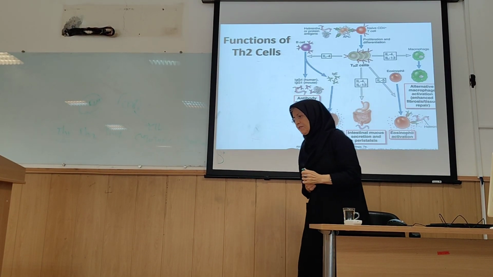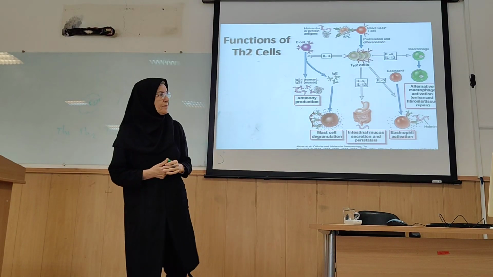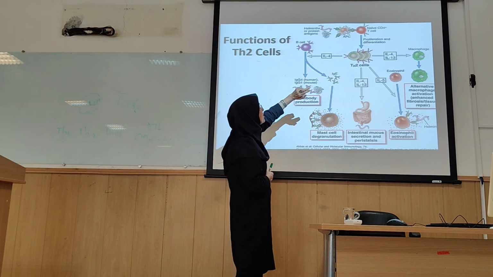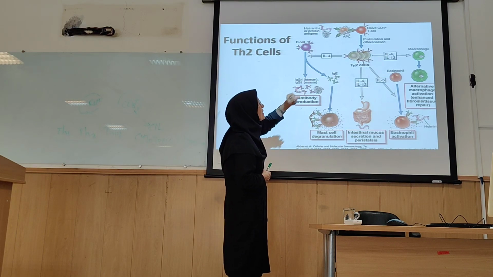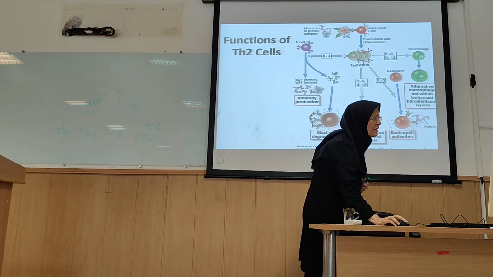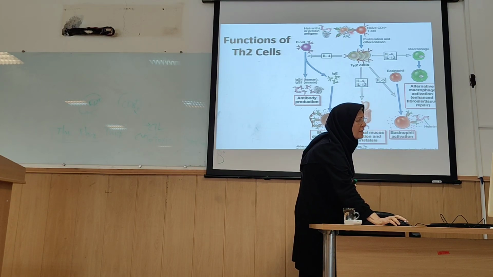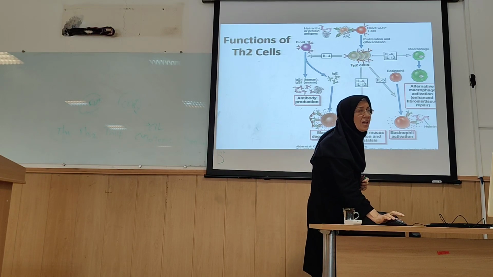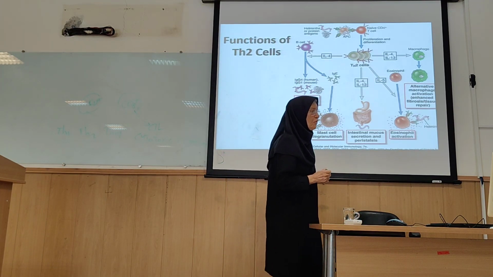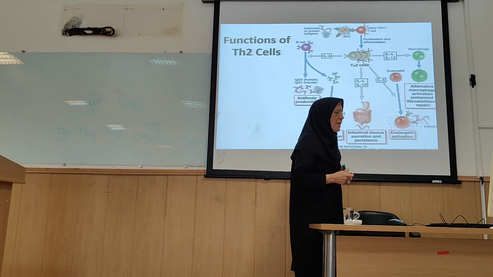And functions of T helper 2 cells. When naive CD4 positive T cells recognize antigens on the surface of APCs, they develop or become T helper 2 cells. It depends on the antigens recognized by these naive CD4 positive T cells.